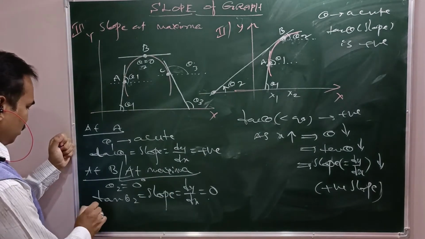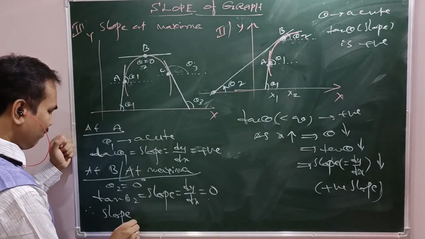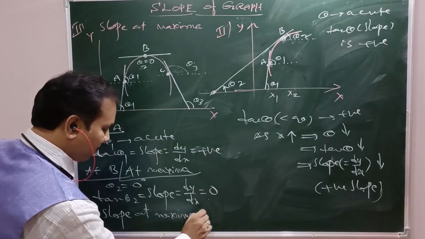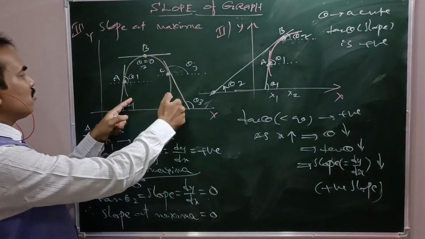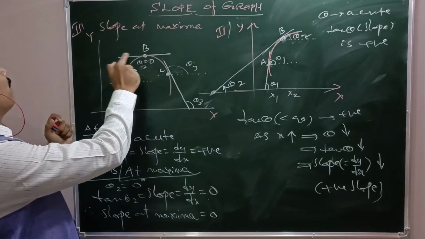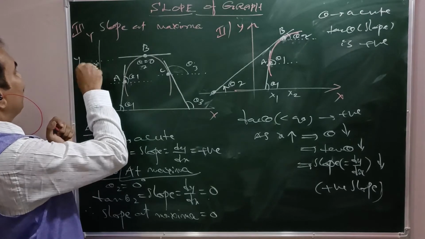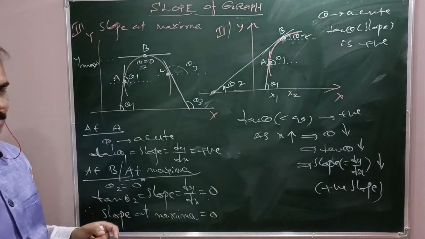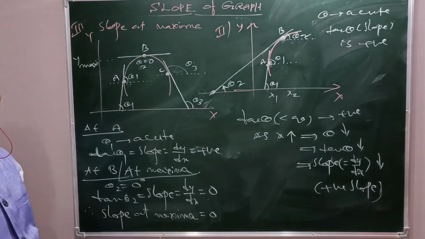So the inference is that slope at maxima equals 0. What is maxima? Among all possible values, at this position y becomes maximum. See here, this is y max. At point B, y becomes maximum. So at the same position, what about slope here? Slope at maxima equals 0.